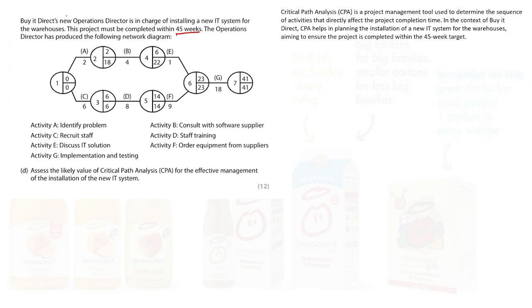Sorry to repeat, but your teachers tend to repeat at least 3 times. The new operations director is in charge of installing the new IT system, and the operations director has produced the diagram below. Doesn't say he's worked with any of his mates. Doesn't say he's worked with any of his really experienced team that might have been at Direct before.